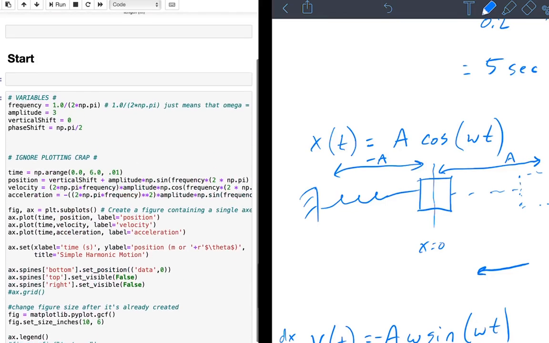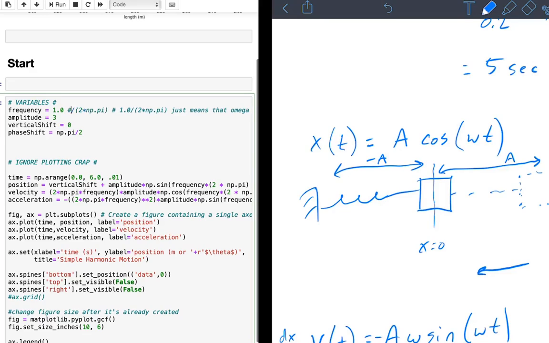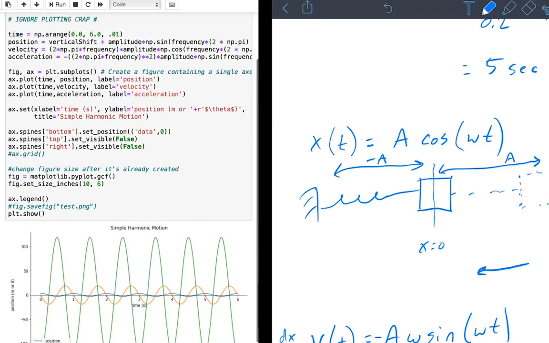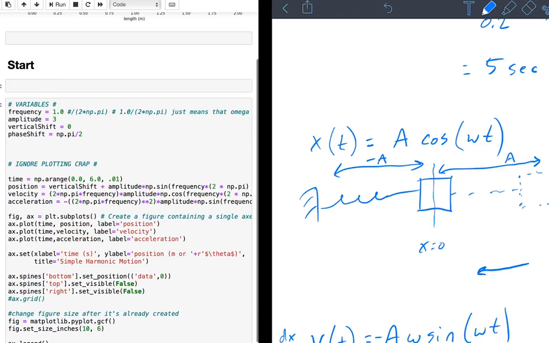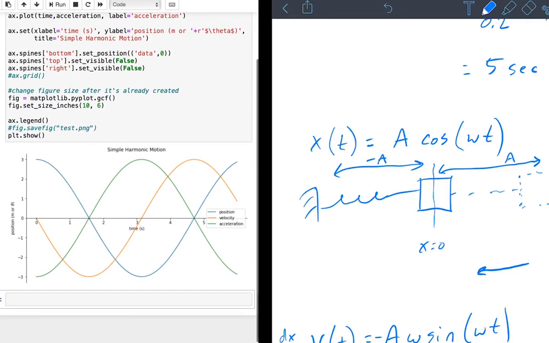So let's just look at that real quick. See, the blue is our position, the yellow-orange is our velocity, and the acceleration is the green. It's harder to see though because they're so different. The velocity would go up by a factor of 2 pi, and the acceleration compared to the position would be up by a factor of 4 pi squared. Omega squared.